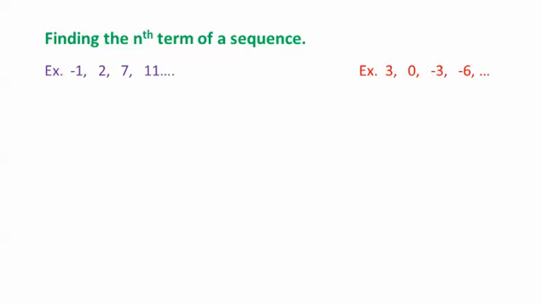Okay, again, these are examples for finding the nth term of a sequence, or like what we just did, it's just finding the formula for the sequence. So I'm going to make my table.